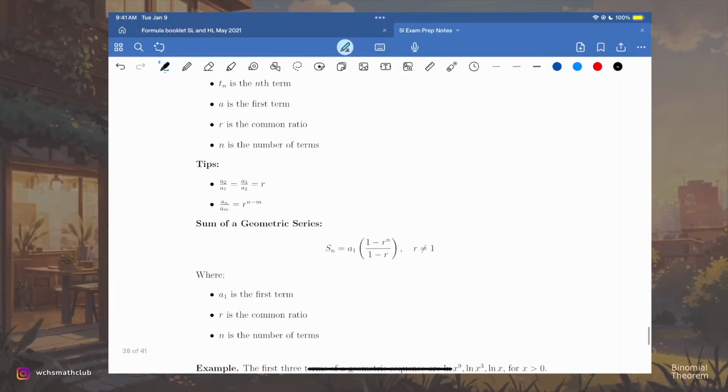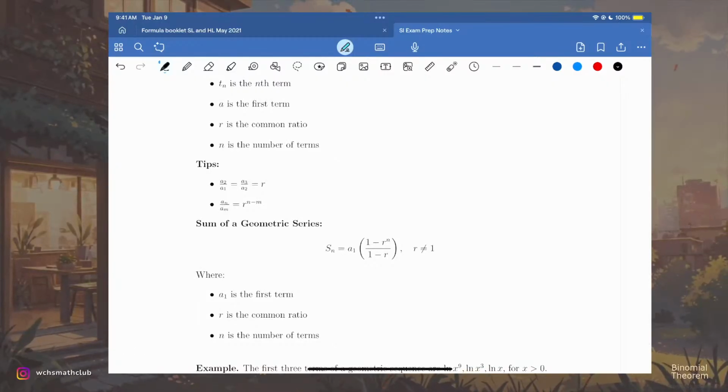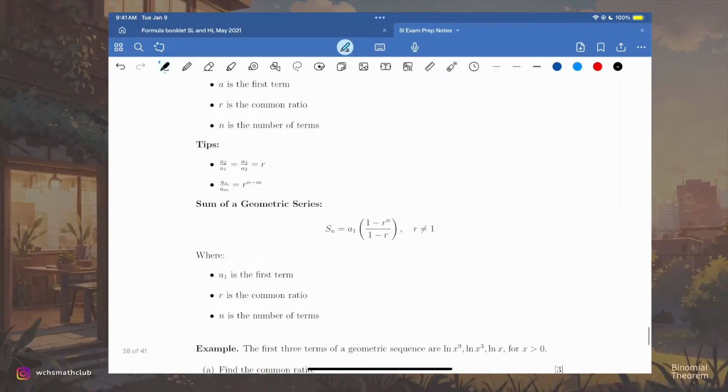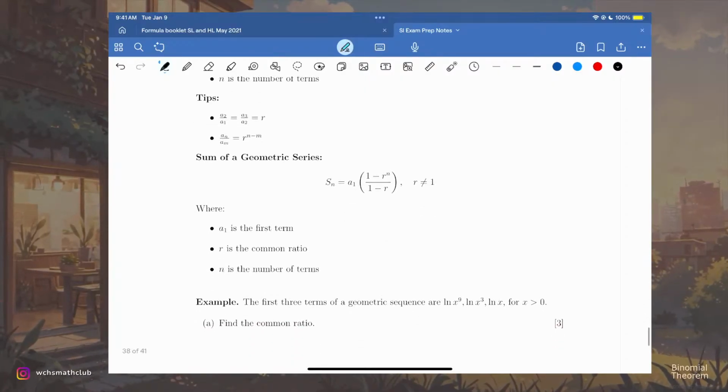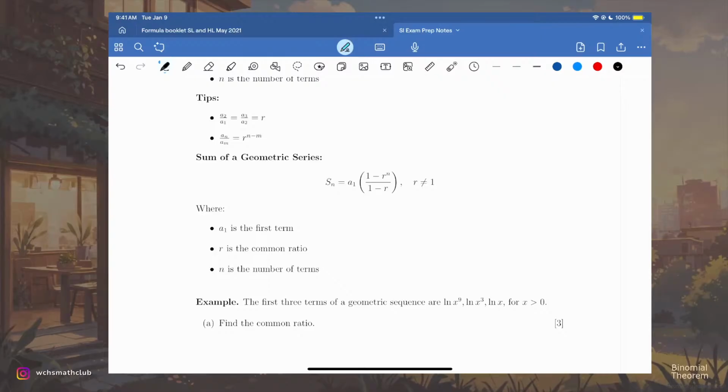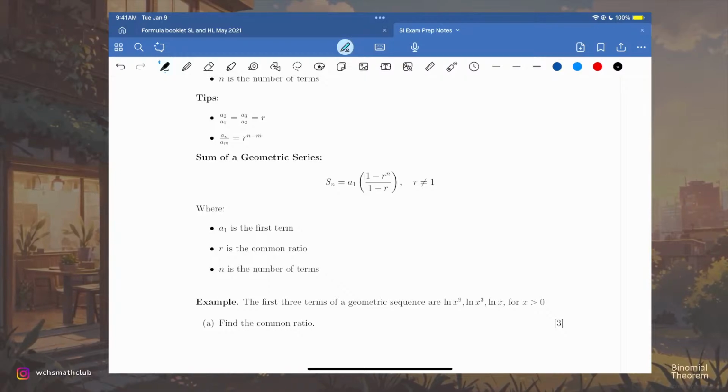In general, an divided by am equals r to the power of n minus m. For the sum of a geometric sequence, Sn equals a1, the first term, times 1 minus r to the power of n, over 1 minus r, where r cannot equal 1 because this will make the entire thing undefined.